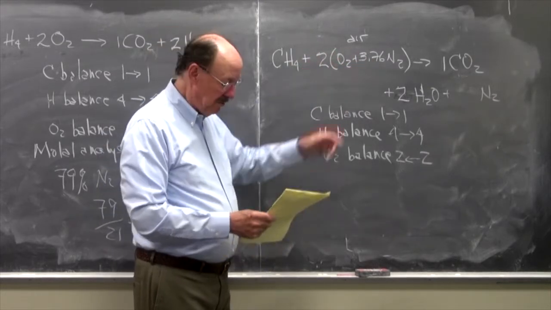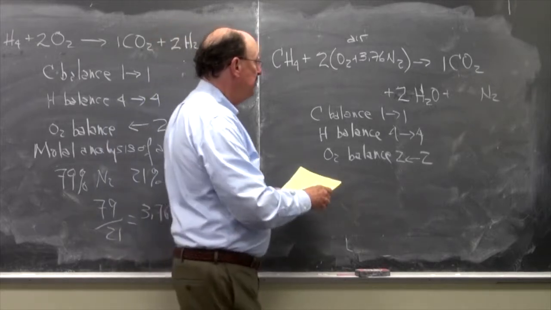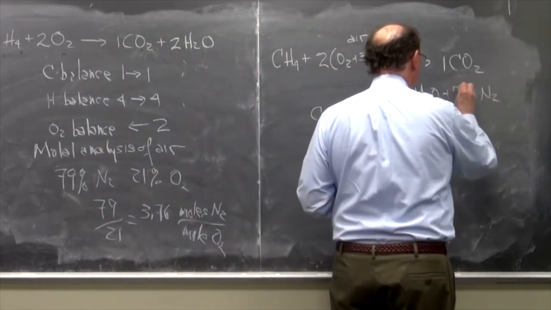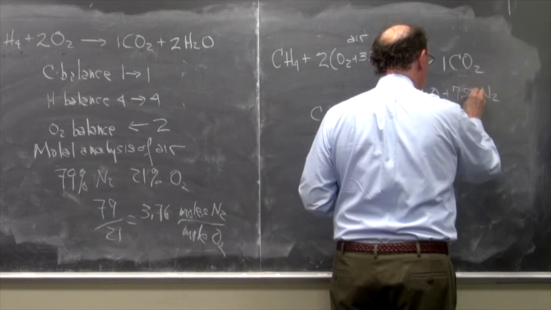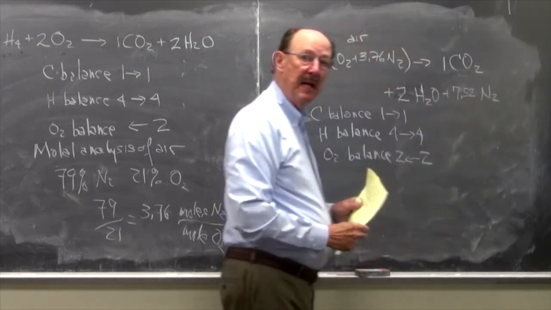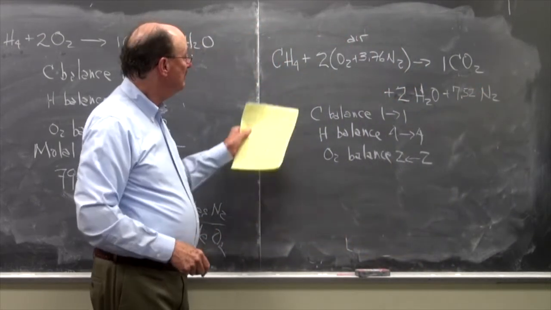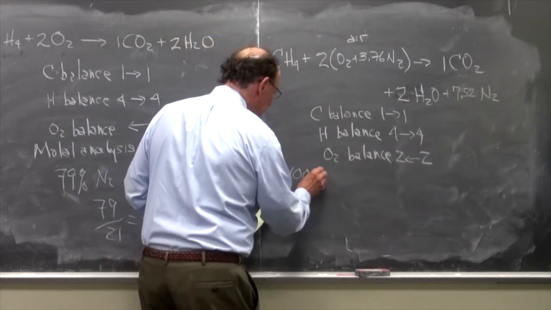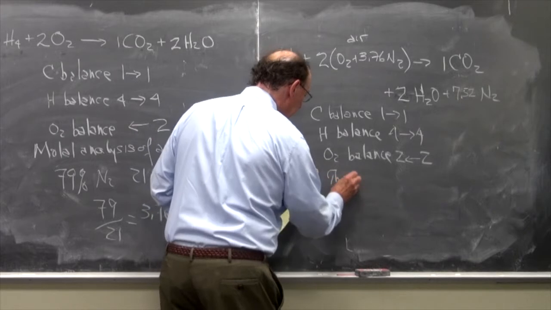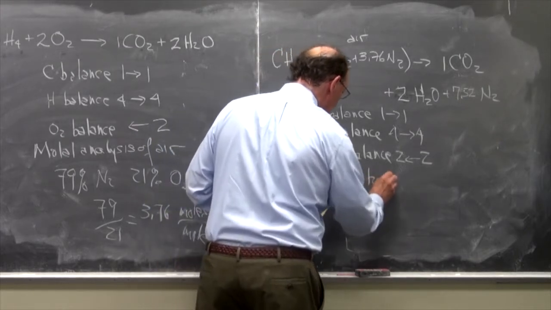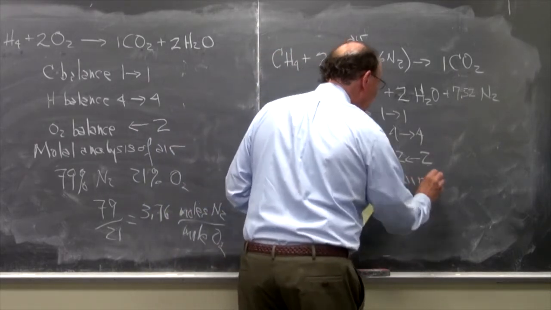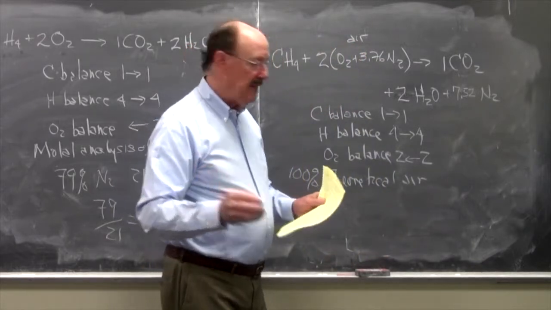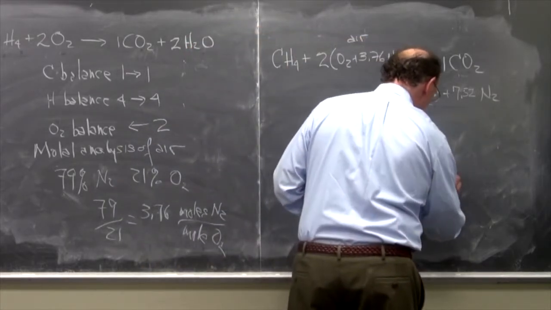And so what's left over is the nitrogen, so I have 7.52 nitrogen that gets carried along. And so this is balanced for 100% theoretical air. This is the minimum that you need for complete combustion.